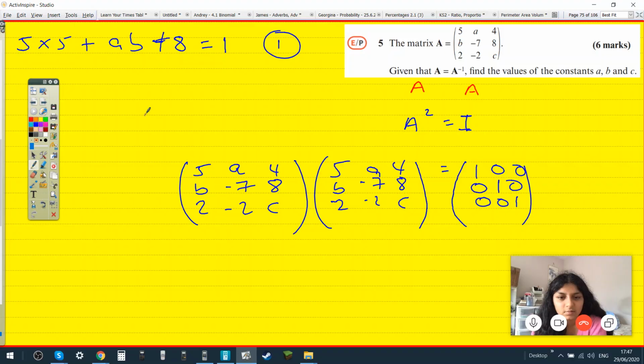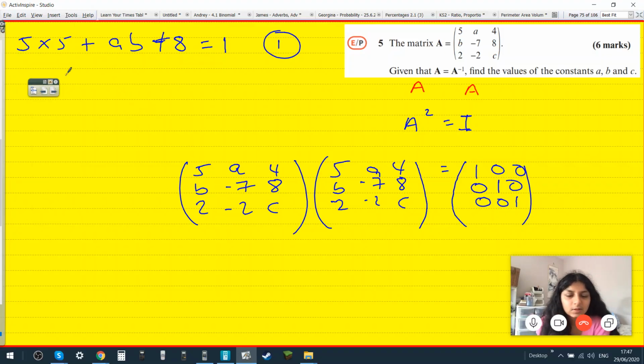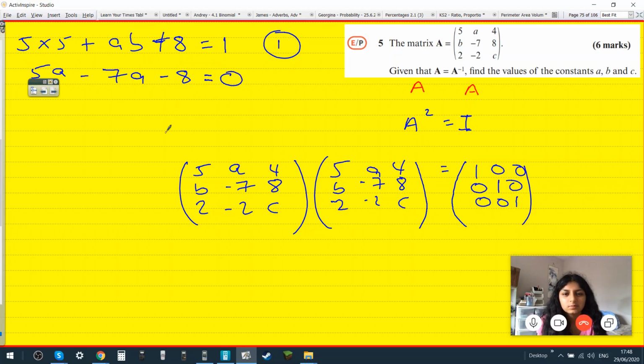Then should I just do the next row? Yeah, try one more. 5A minus 7A minus 8 is equal to 0. So you could get A from that. Yeah, 12A is equal to 8.